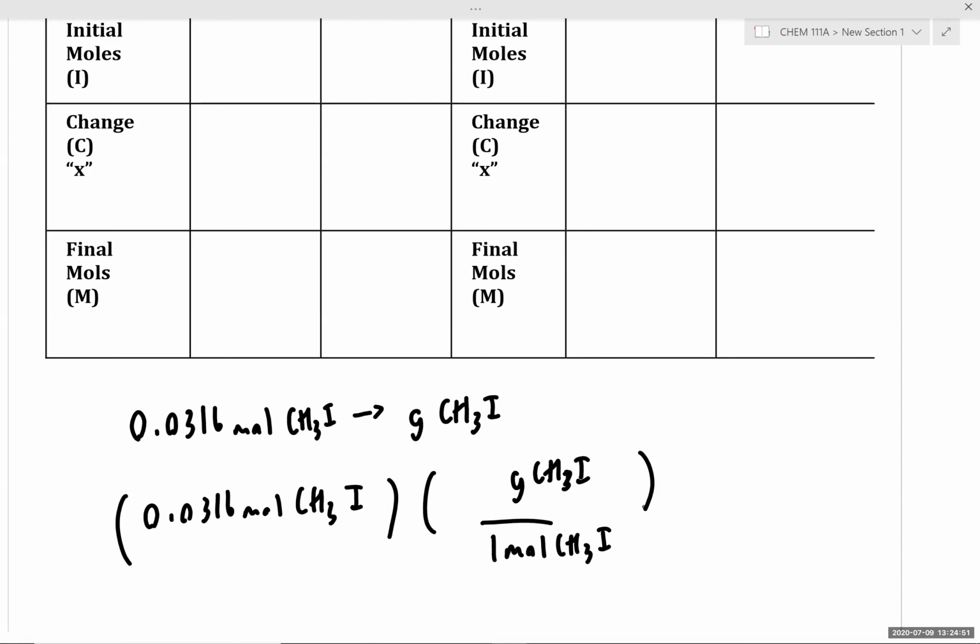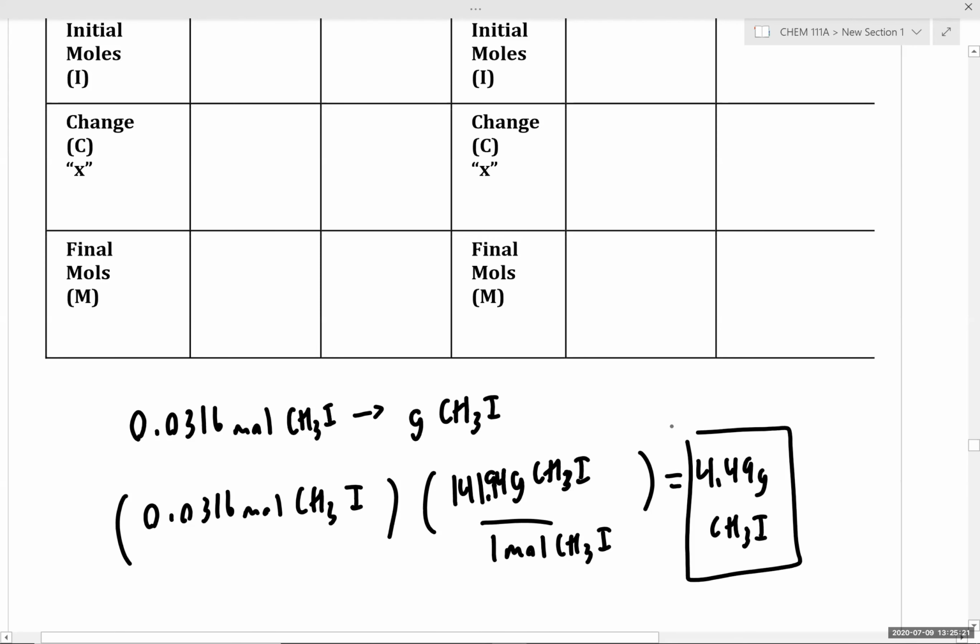What is our molar mass of methyl iodide? 141.94. Okay, so we have 141.94 times 0.0316, and that in turn gives us 4.49 grams of methyl iodide. Perfect.